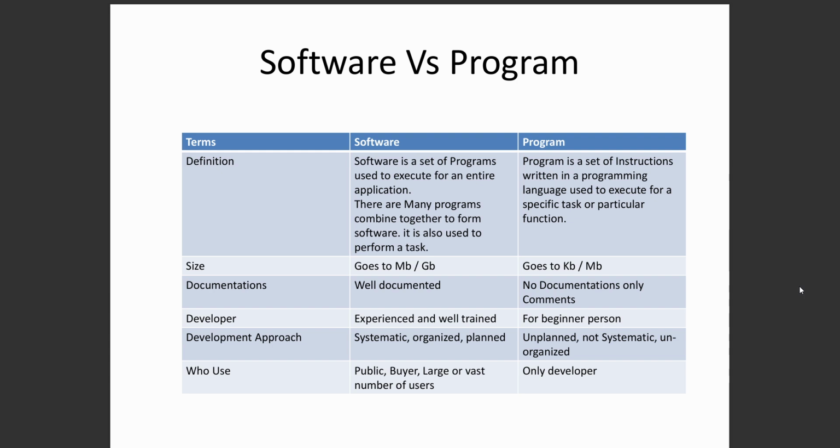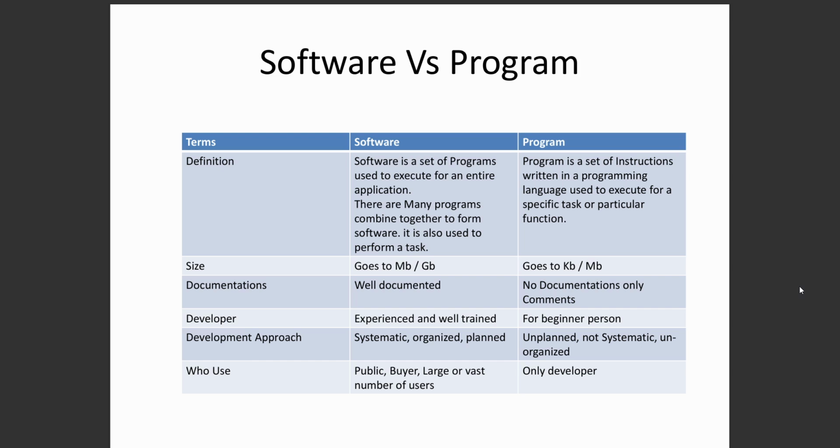Okay. The fourth difference is the developer. While developing software, we don't go with amateur programmers. We need experienced and well-trained people to develop software. But programs can be developed by someone who is actually learning the language.